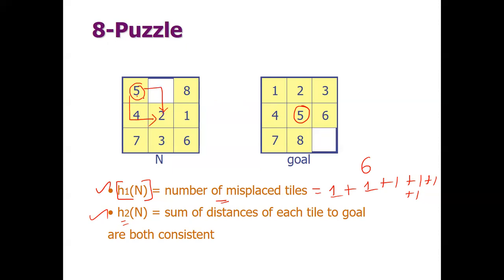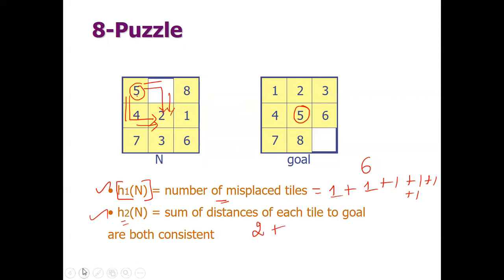In either case, it has to make a minimum of 1 and 2 moves. So we can say that 5 is away from its actual position by 2 locations, right?